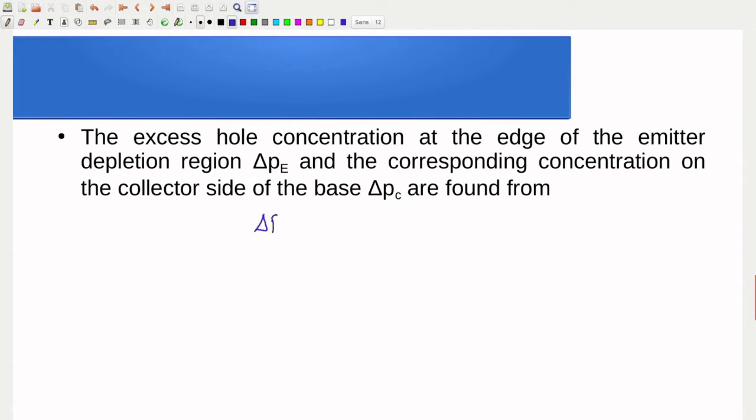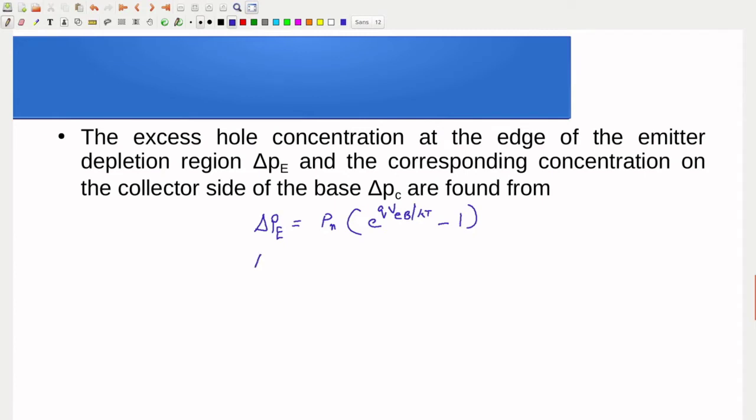Delta PE will be equal to Pn e raised to QVEB by KT minus 1.